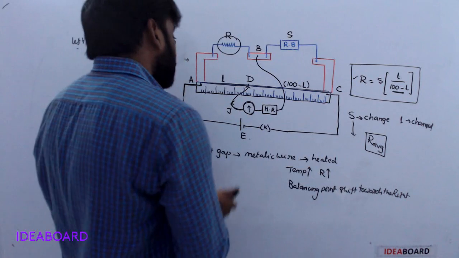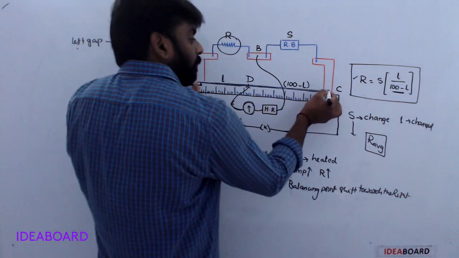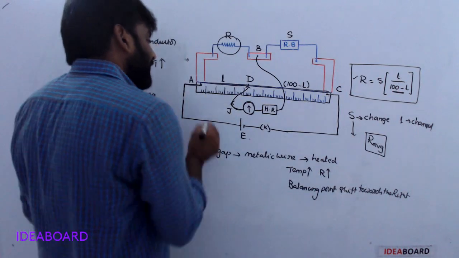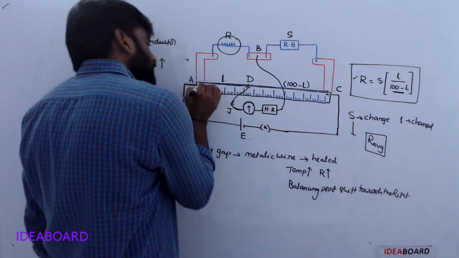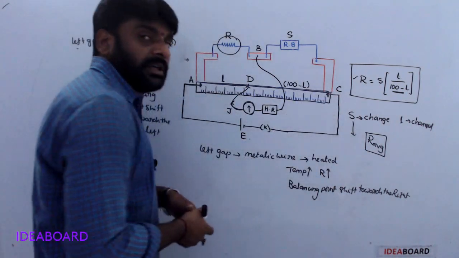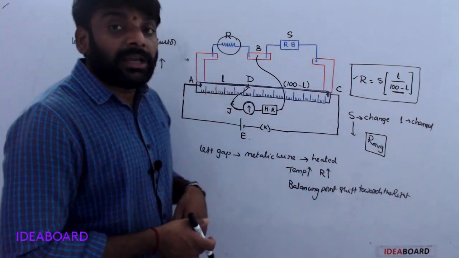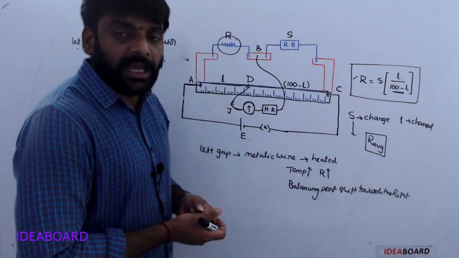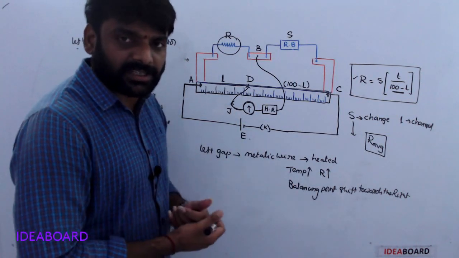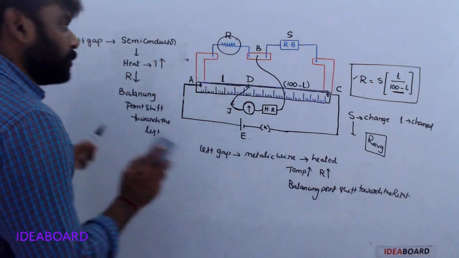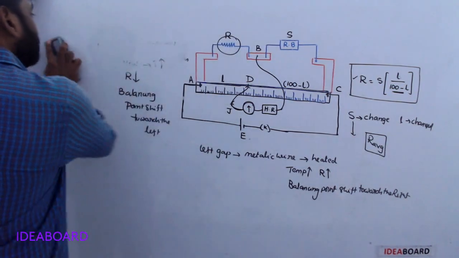Also, in this 1 meter wire, some of the wire is locked in strips. That means this wire may not be exactly 100 centimeters, 100 centimeters in the sense 1 meter.